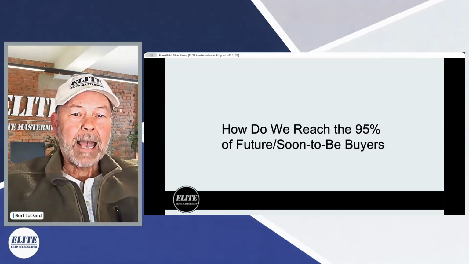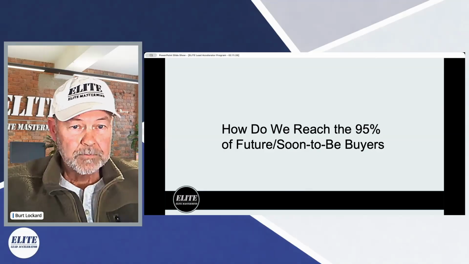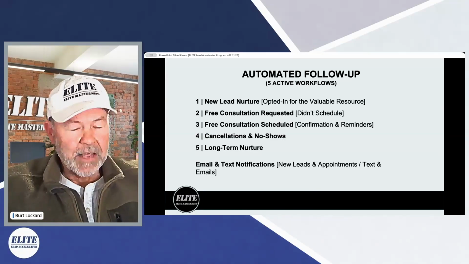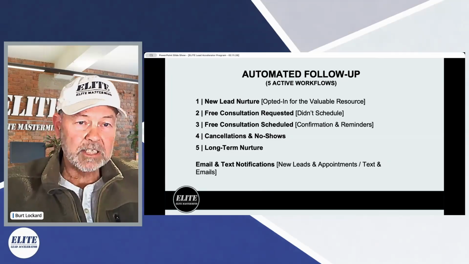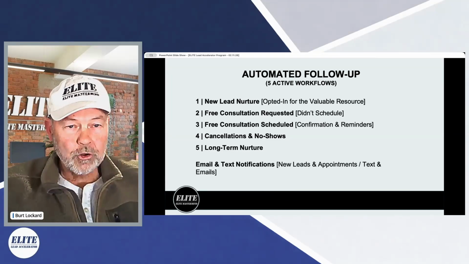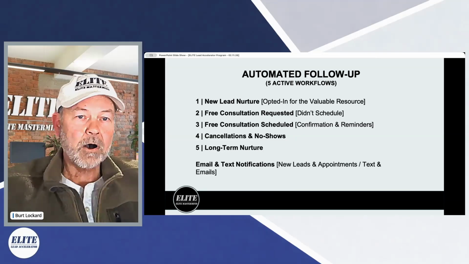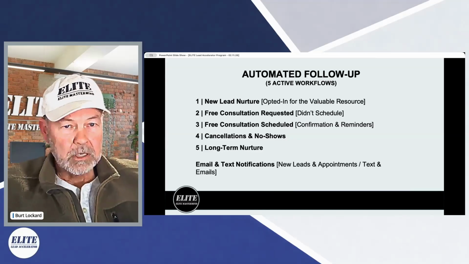All right, so going back, how do we reach the 95% of future or soon-to-be buyers? Well, you've got to have an automated follow-up system. They've clicked on your Facebook ad, they've raised their hand, they say, "I'm interested." They've given you their name, their email, and their phone number. Now they fall into what we call a lead nurture system.